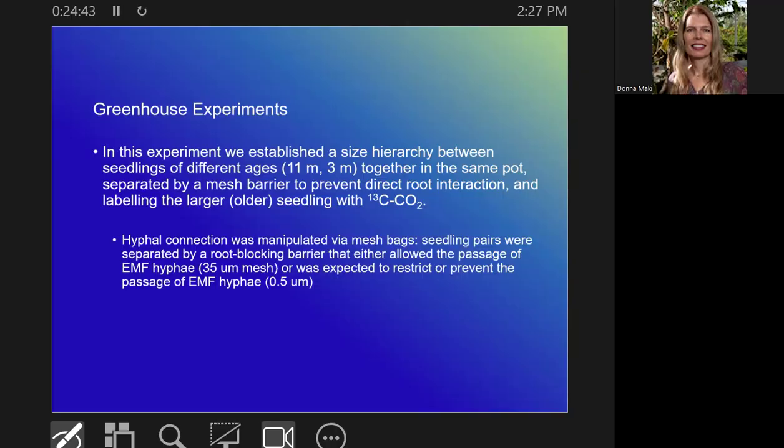Those different meshes were basically to make sure roots couldn't touch between the older and the younger, which they refer to as donor and recipient. The larger mesh, 35 micrometer, should make it so that the roots can't get through. The ectomycorrhizal fungi, at 0.5 micrometer mesh size, shouldn't be able to get through.